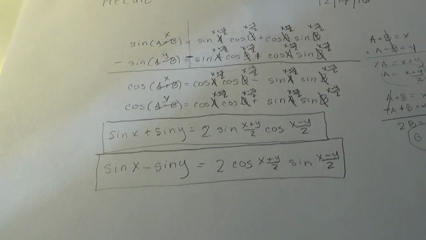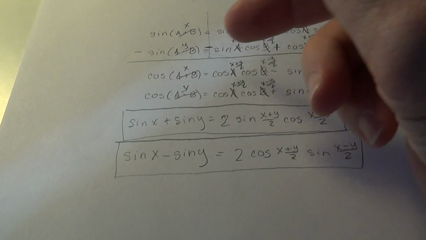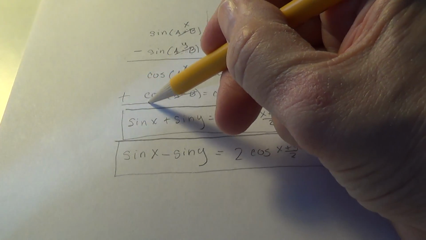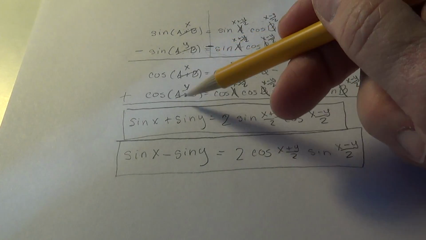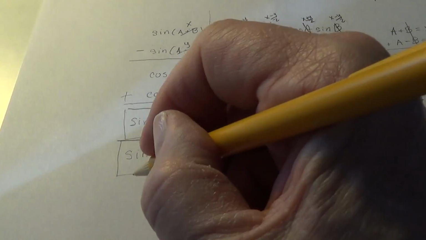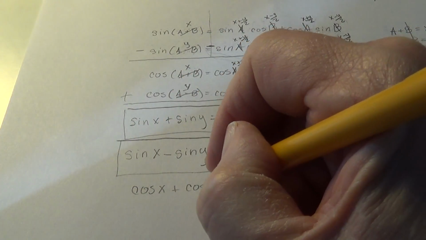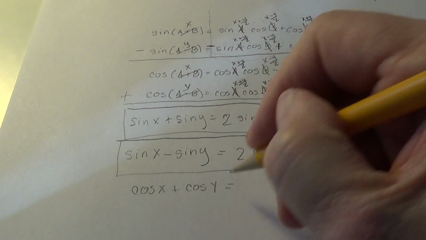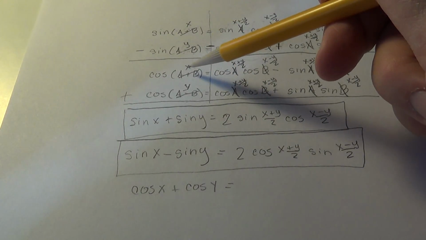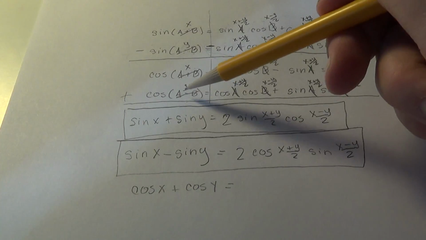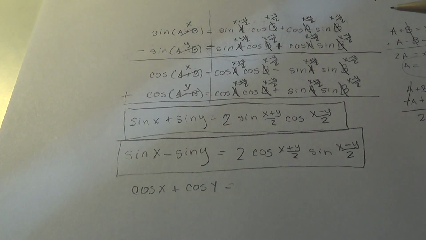All right, the third, I'm going to take these two and add them. On this side, I get cosine x plus cosine y. And again, when I add two equations, I add the expressions on the left and then the expressions on the right of the equal sign.